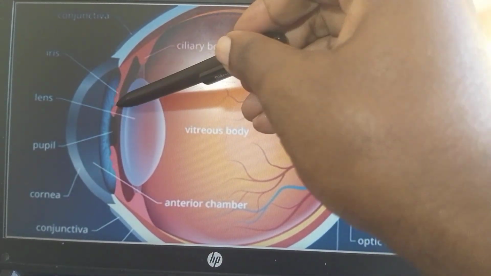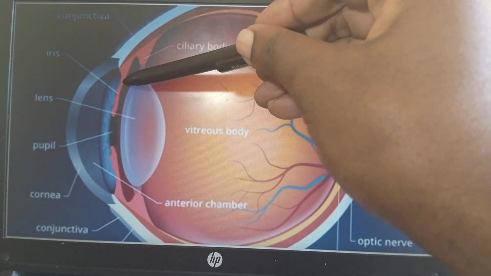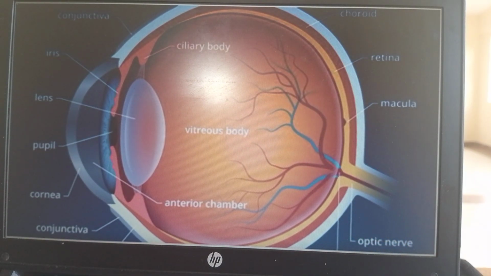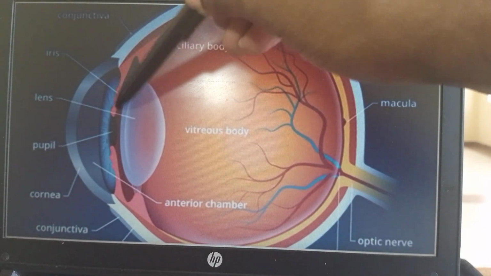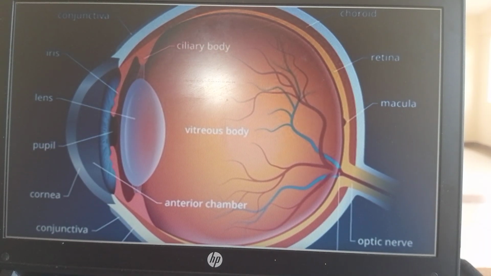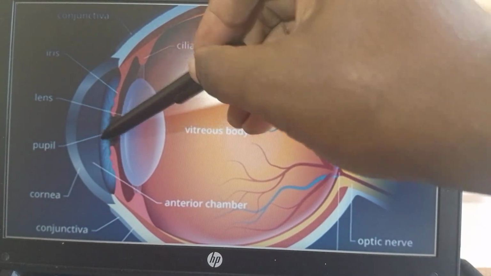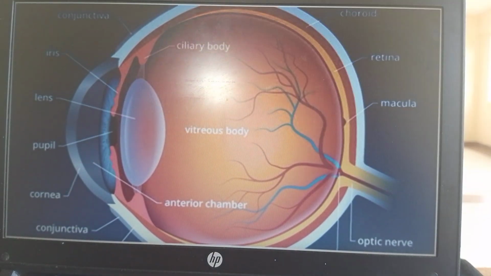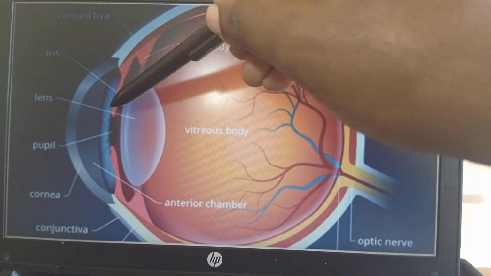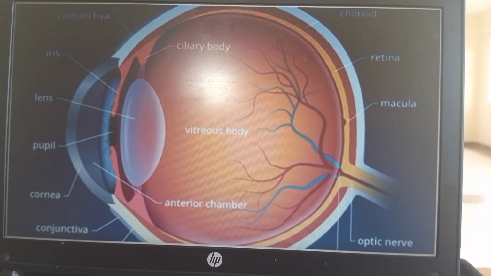From the pupil, we have the iris, these red structures you see in between here. The function of the iris, it contains muscles whose function is to regulate the size of the pupil, and these muscles include the sphincter pupillae and the dilator pupillae.